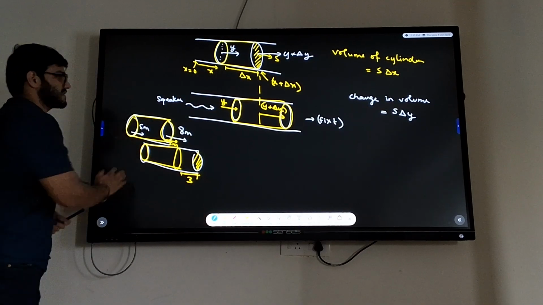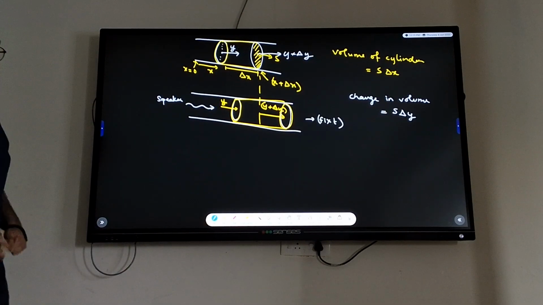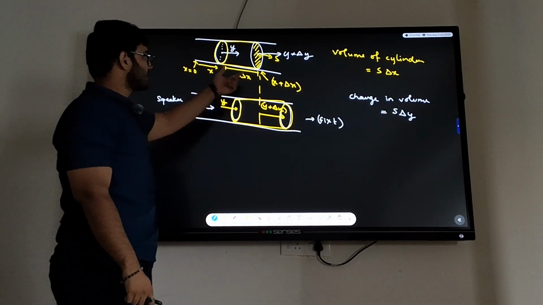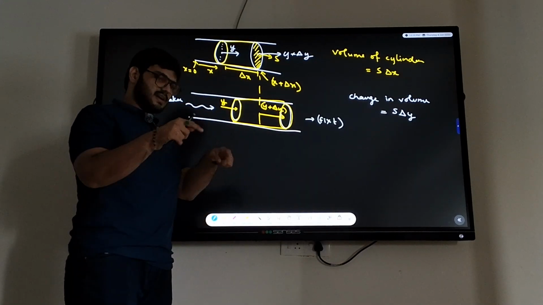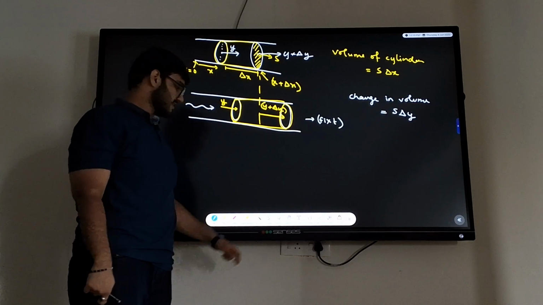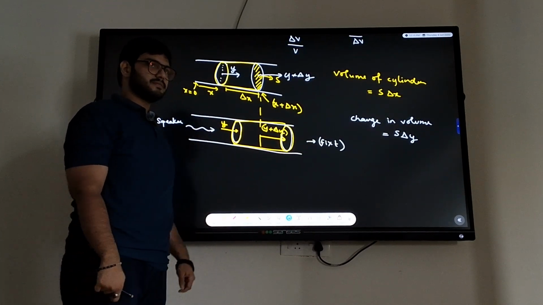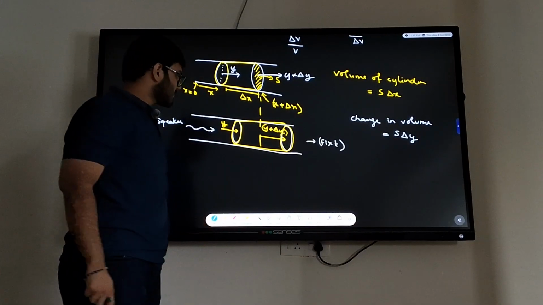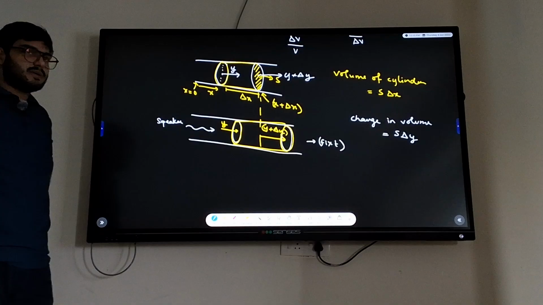So I am erasing this. We're just tracking the movement of the particle. Yes, but actually in general we are tracking the movement of the cylinder, and that cylinder is composed of many particles. The cylinder is a small part of the medium. We are basically tracking the sound wave that is coming and thereby moving the medium.